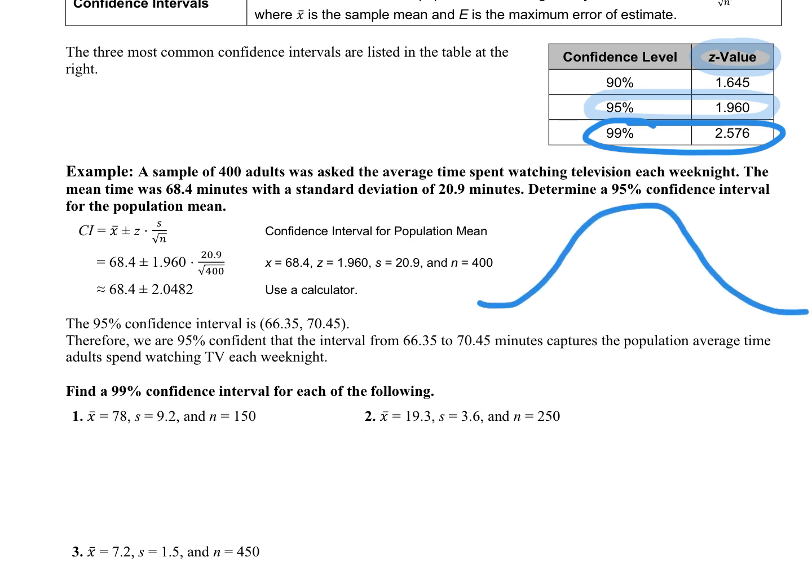I'm going to draw a picture for you guys. If you imagine 99% in the middle, I'm going to change that to a decimal, 0.99 in the middle. If 99% is in the middle, that means there's 1% that is not in the middle. 1% is 0.01.